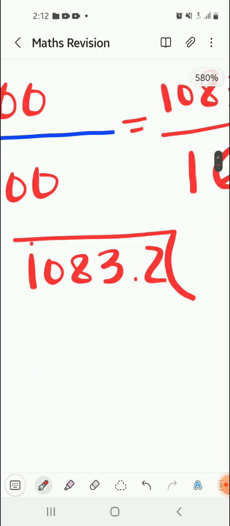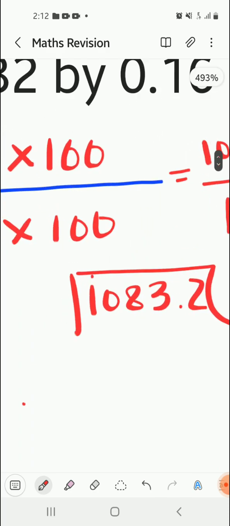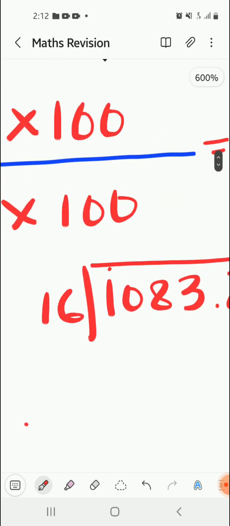And we need to divide the whole thing with 16. You can see 16 exceeds the first two digits, 10. So we'll take 108 together. If you're well versed, you would know that the closest number that we can get is 16 into 6, that is 96.